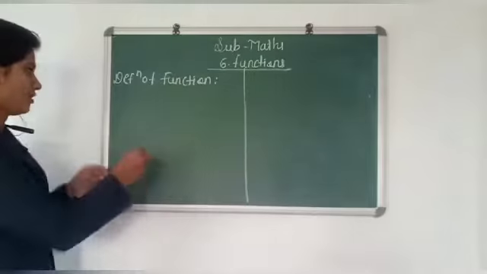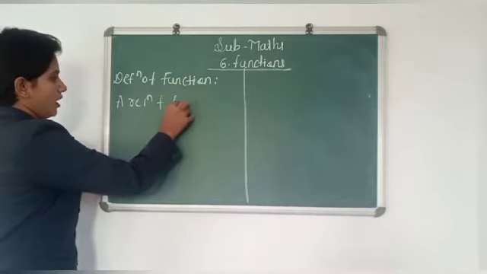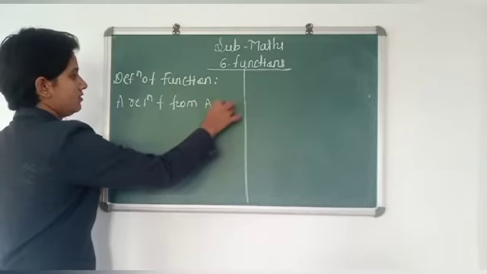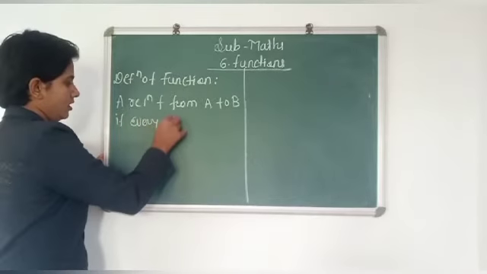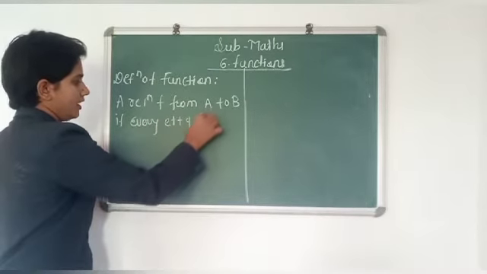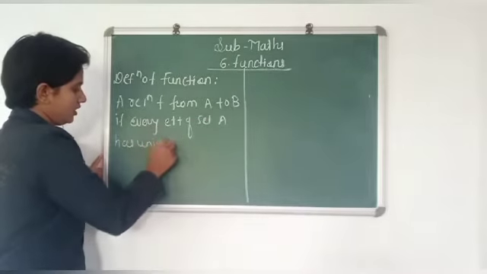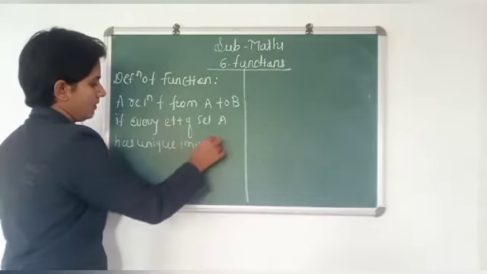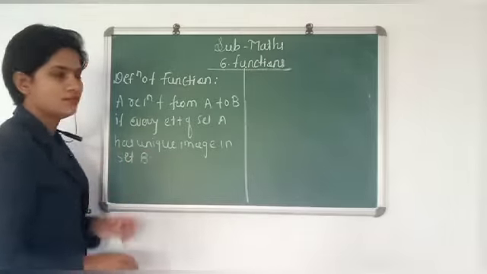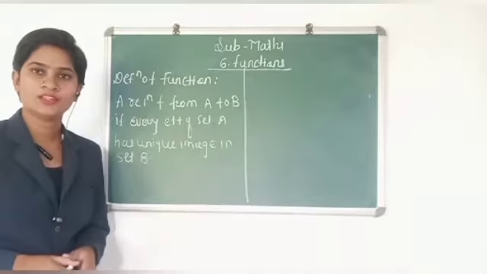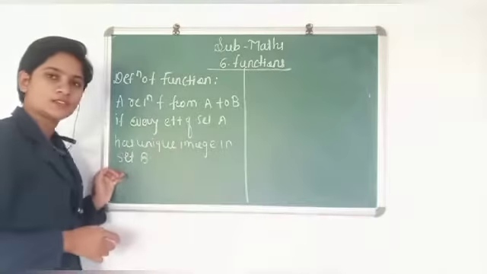A relation f from A to B is called a function if every element of set A has a unique image in set B. A relation f from A to B is called the function if every element of set A has the unique image in a set B.